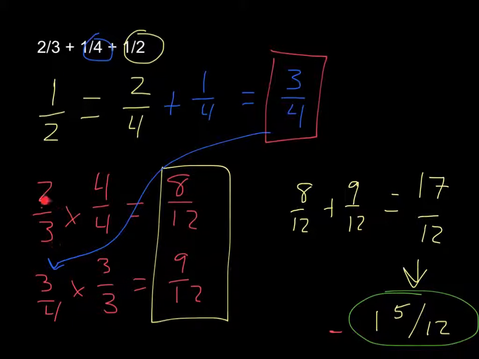So then I have 2/3, taking that denominator, multiplying it by 4/4 to get 8/12, and then bring down the 3/4 from up above and multiply it by that denominator as a fractional one, 3/3, to get 9/12. And then I add 8/12 plus 9/12, and I'll get the same solution as before, 17/12, which simplifies into 1 and 5/12. You can use whichever way you prefer to solve these problems.